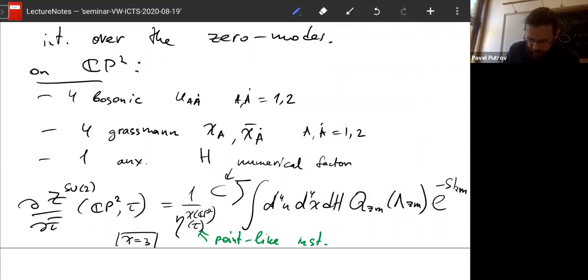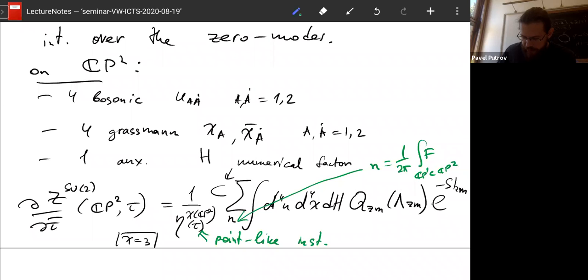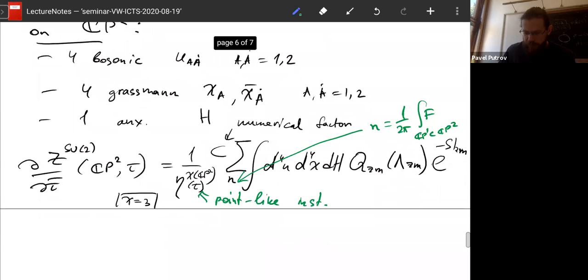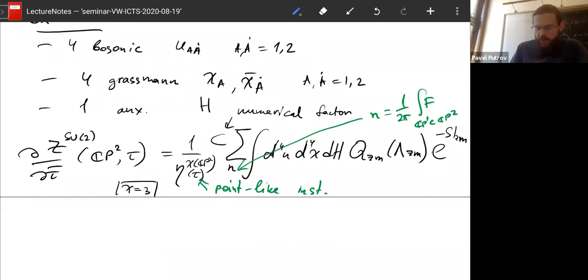We need to decompose everything into the sum over n, where n is the flux of my U(1) gauge field through CP1 inside. The integral decomposes into a sum over all flux sectors, where n belongs to the integers. Okay, and so everything here is now explicitly known, and this is a finite dimensional integral.